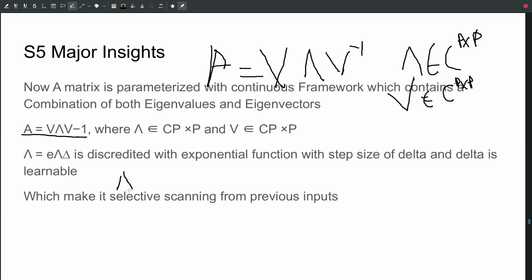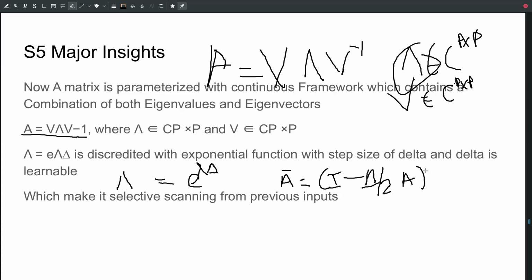So this lambda is discretized by exponentiating with delta over here. So in the S4 process, we exponentiated with A bar equal to A inverse. I'm just writing it squared because it's inverse into something.